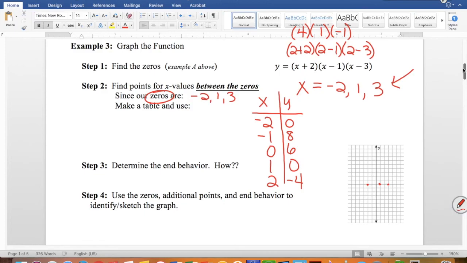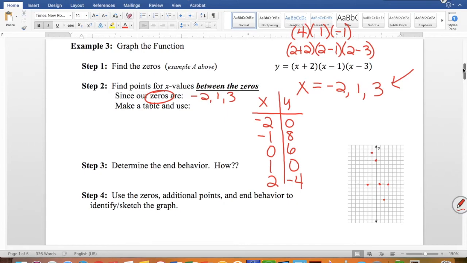So there are my points. Let's go ahead and graph those points. Negative 1, 8. Then 0, 6. And 2, negative 4.